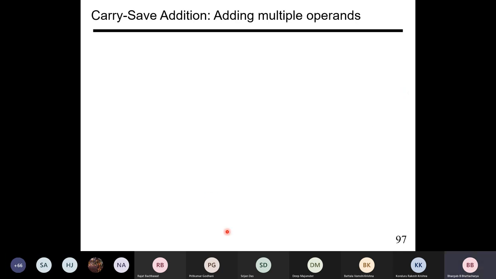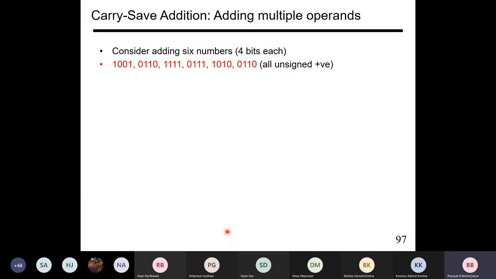Okay, so let us begin with a small example. Let us assume that our universe comprises 4-bit unsigned numbers. Forget about this overflow business and so on. So you are given 6 numbers, and I want to add all of them.